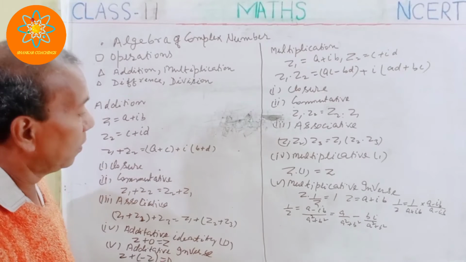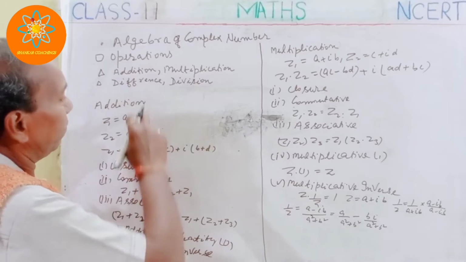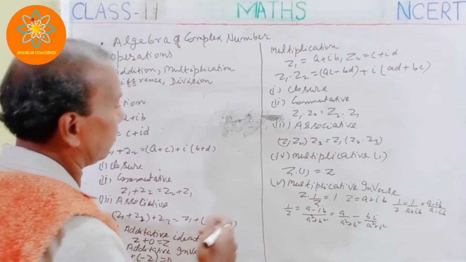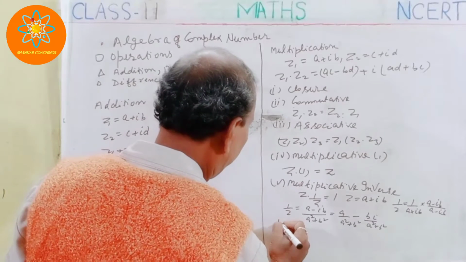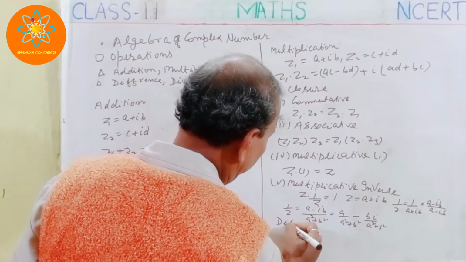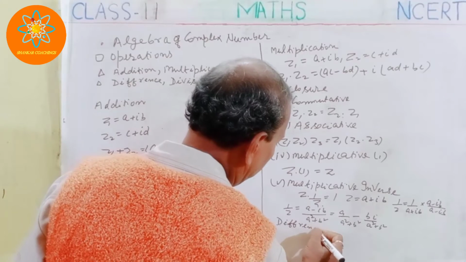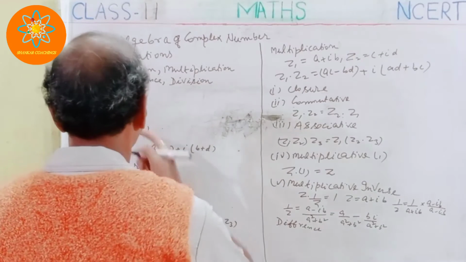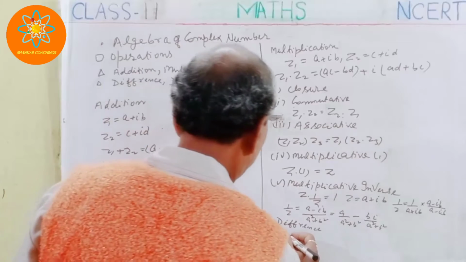Now the next one is difference and division. First, the case of the difference. In the addition we get z1 plus z2.